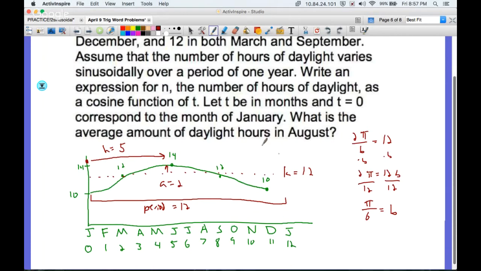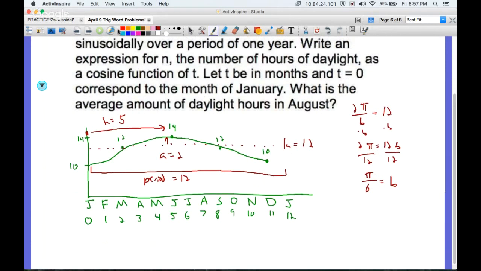So I've just got to write an equation for this now. Y equals, my A was 2. I'm using cosine. My B value is pi over 6. So I can just do directly x minus 5 for that horizontal shift 5 units to the right, plus my K value, which was 12.